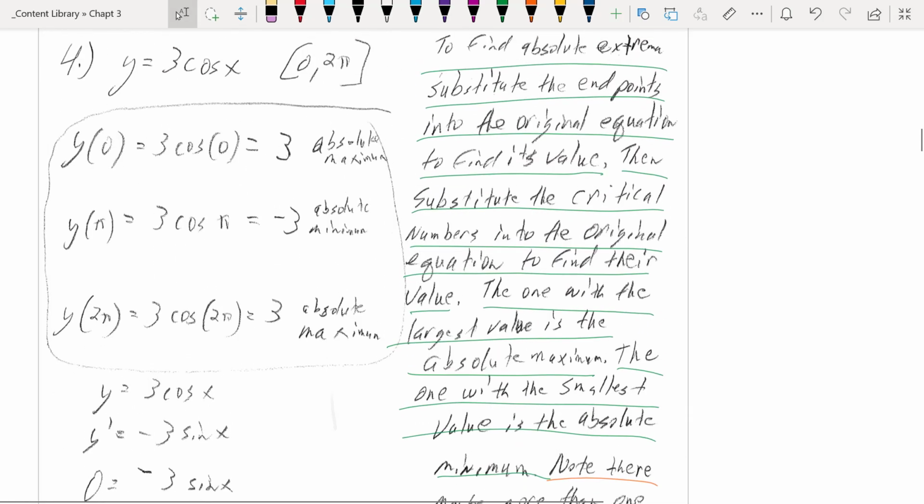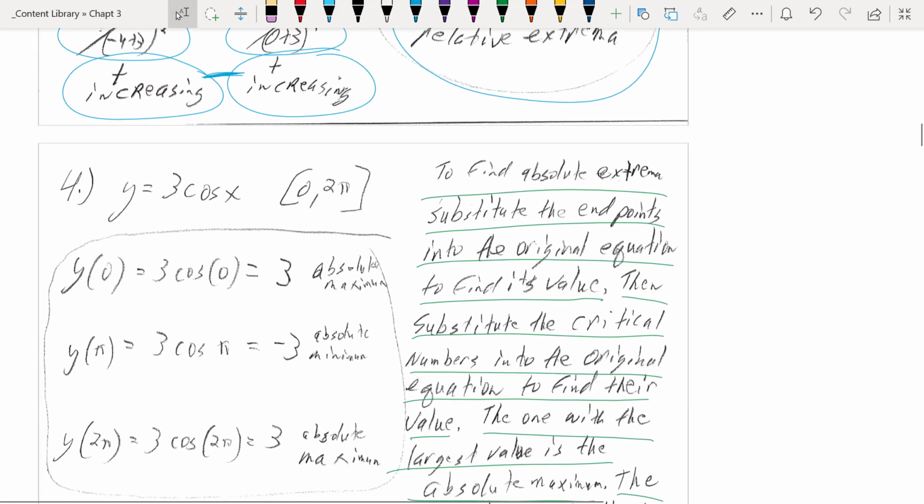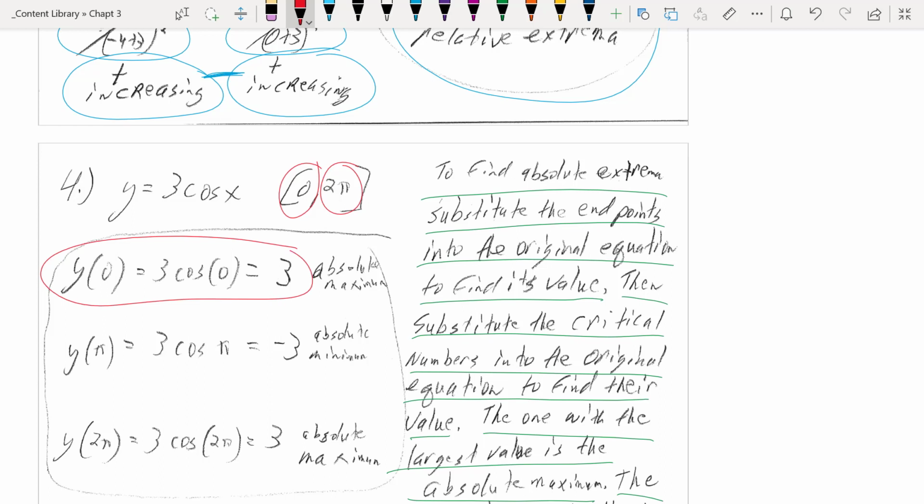So for this problem, I'm going to first find the values at my endpoints. Here's my endpoint at 0, here's my endpoint at 2 pi. I take my original equation and substitute that in. In place of x, put a 0. So I'm going to take 3 times cosine of 0. Cosine of 0 is going to be 1.